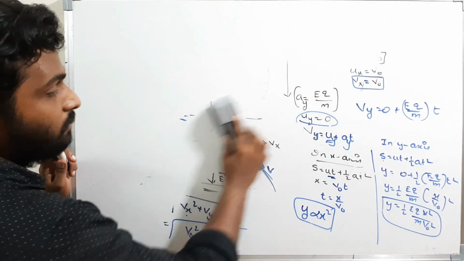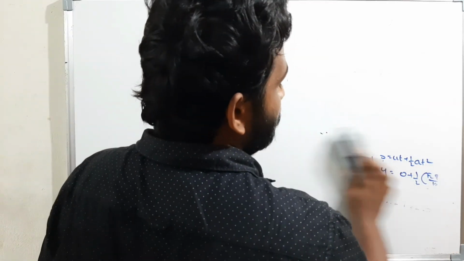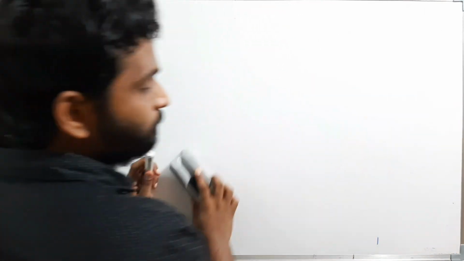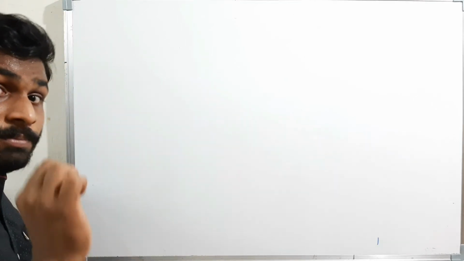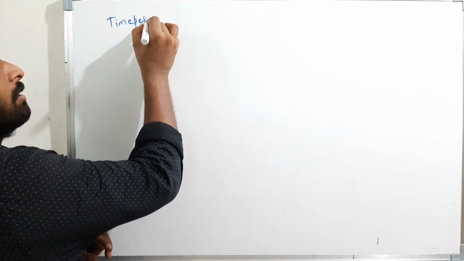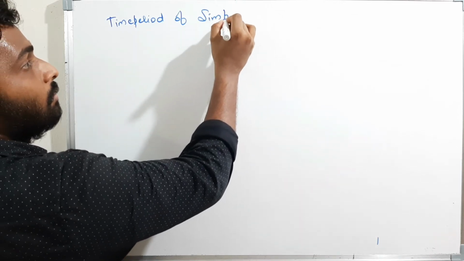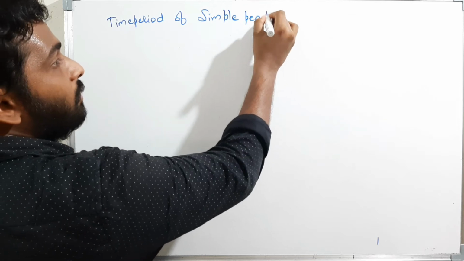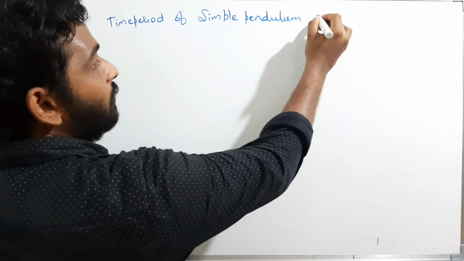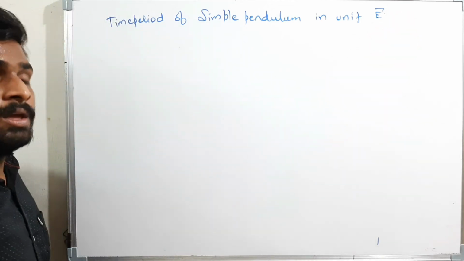The time period of a simple pendulum in a uniform electric field. Now, see here.